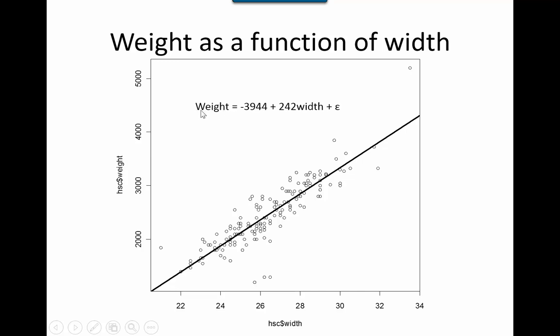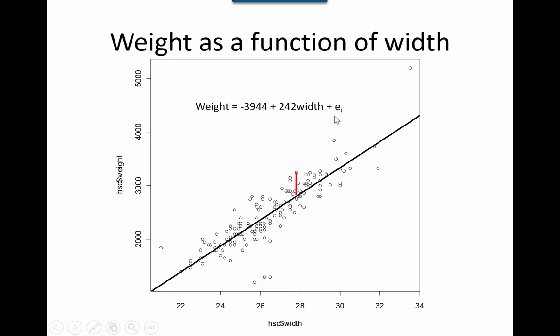So the average weight is going to be equal to an intercept. That's where our y-intercept is way down where width is 0. Our crabs, we expect them to weigh minus 3,944 grams. And then for every millimeter of width, that weight increases by 242 grams.